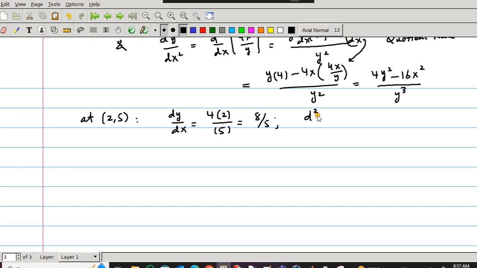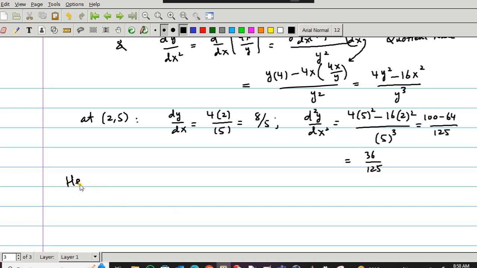The second derivative d2y by dx square is equal to 4y square, y is 5, minus 16x square, x is 2, divided by y cube, which is 5 cube. Simplify this: 100 minus 64 is 36, so this becomes 36 by 125.